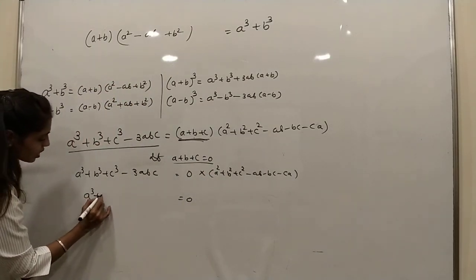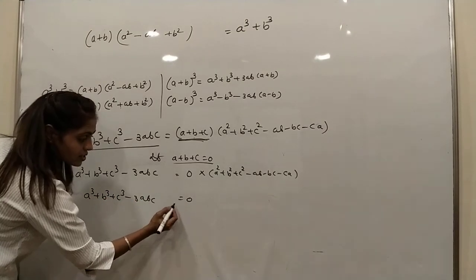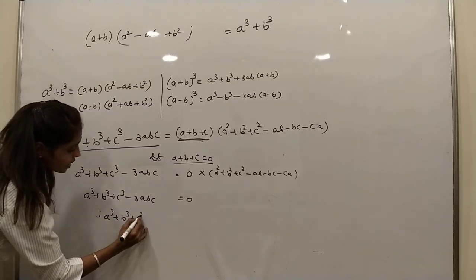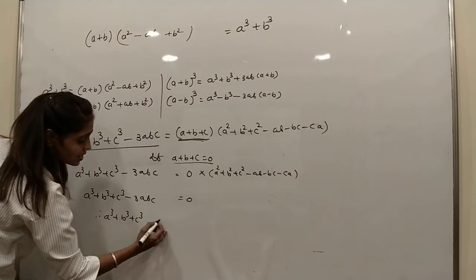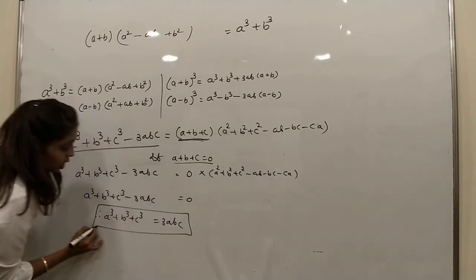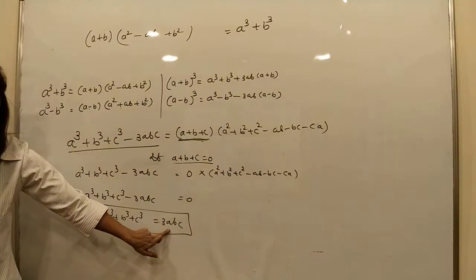So a cube plus b cube plus c cube minus 3abc is 0. Hence a cube plus b cube plus c cube minus 3abc, going to the other side, is 3abc. That is the formula. A cube plus b cube plus c cube is equal to 3abc.